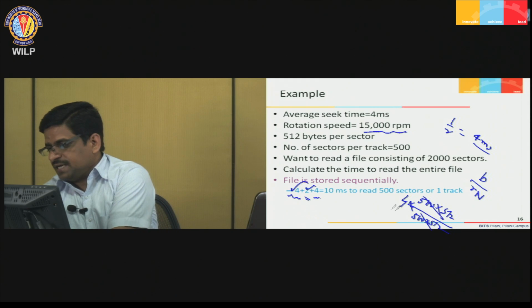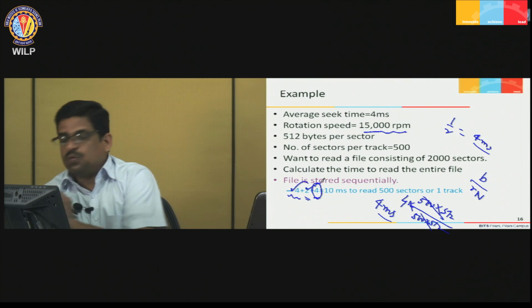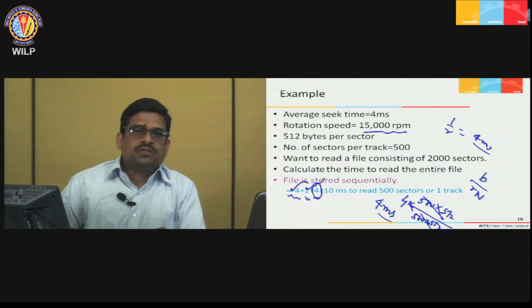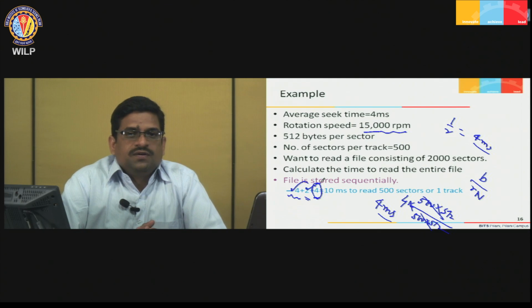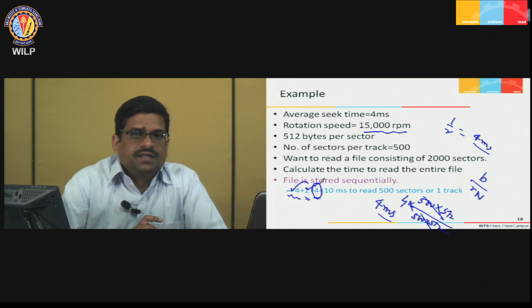So this cancels and gives me 4 milliseconds. This is the time to read one complete track. So the total time is 10 milliseconds, required to read the 500 sectors on one track. Now how many tracks are there here?